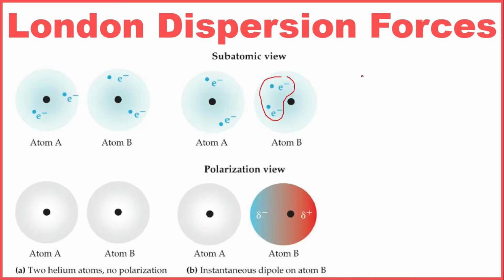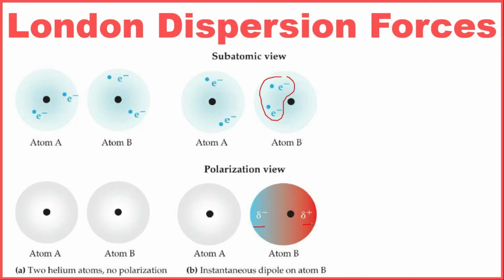At that instant, helium atom B is polar with an excess of electrons on the left side and a shortage on the right side. That's why you'll have a negative and a positive charge. This is what we call the instantaneous dipole.